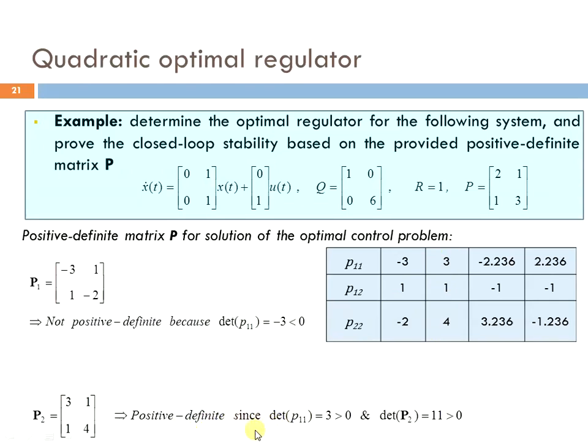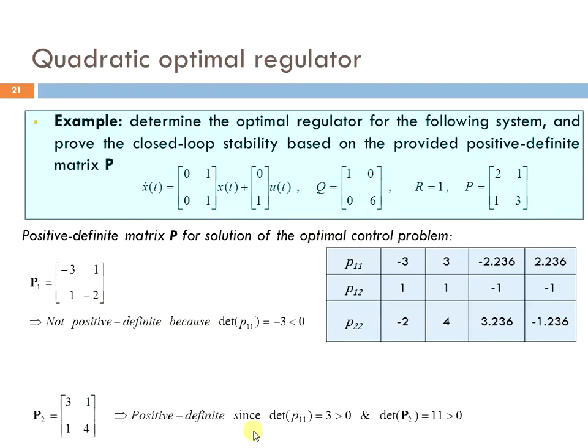Now for this optimization problem, we expect to get only one positive definite matrix. Otherwise, we would not be able to determine the optimal state feedback gain matrix if we were to get two matrices P that satisfy equation 9.